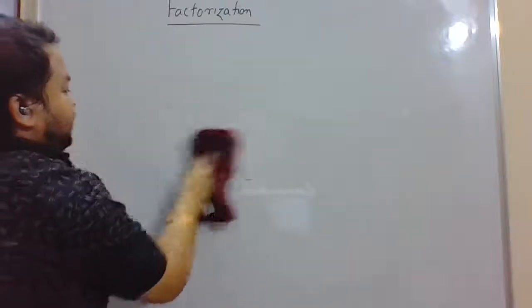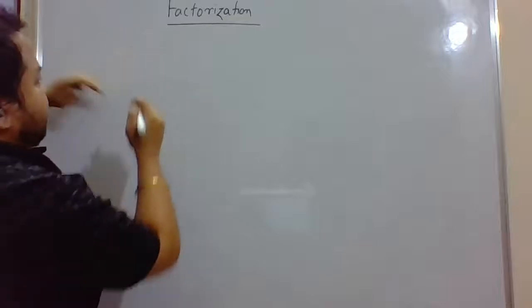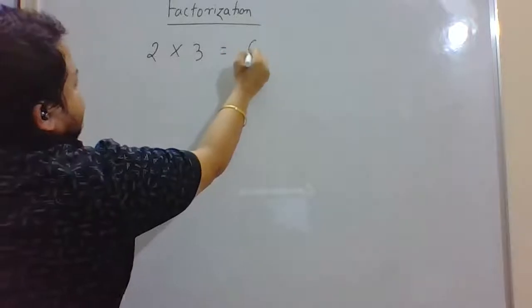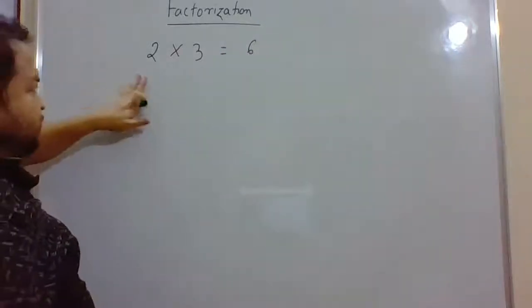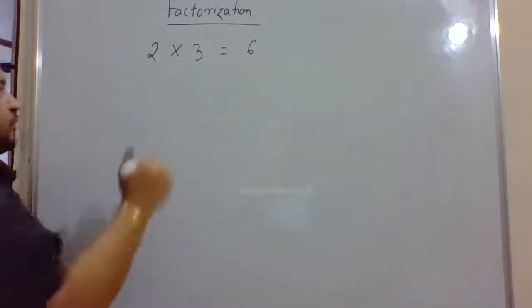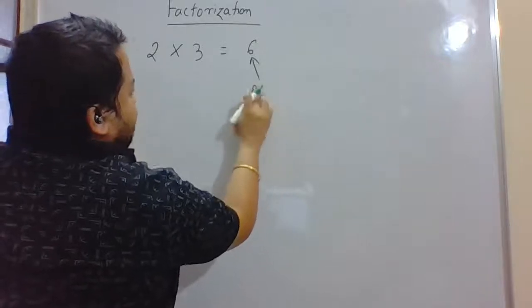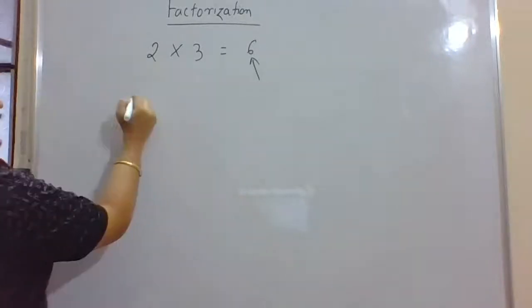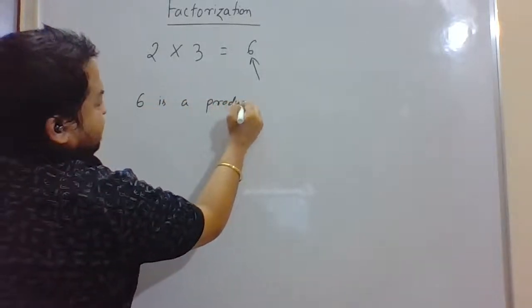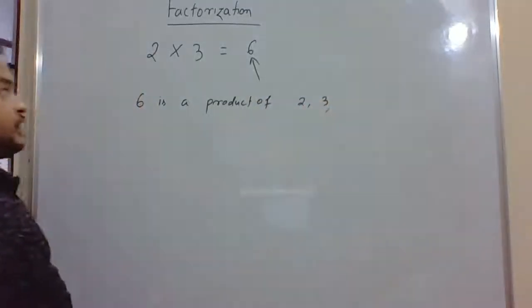When we multiply two numbers, say 2 with 3, I get 6. I have multiplied two numbers and I'm getting a new number, 6. In mathematics, we say that 6 is a product of 2 and 3.